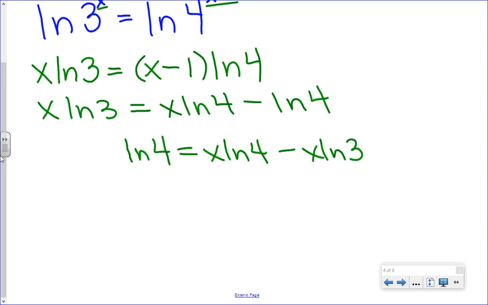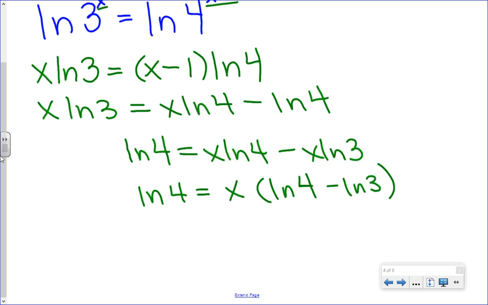Maverick, what do you think? Almost. We will divide soon. Before we can divide, we need to factor out that x. So then we have this number right here to divide by.